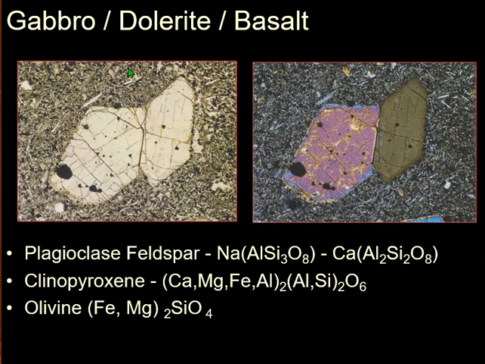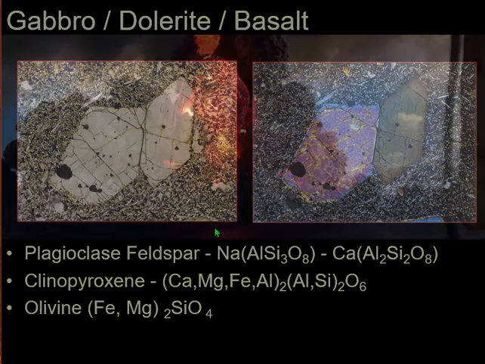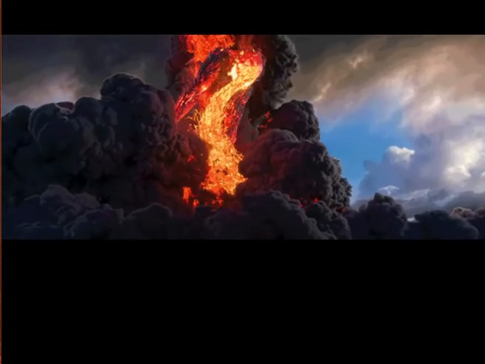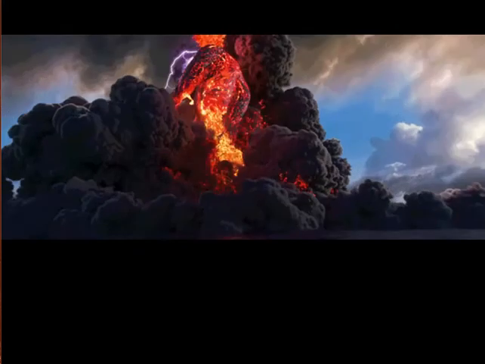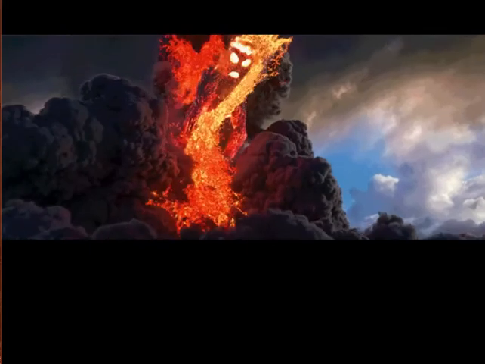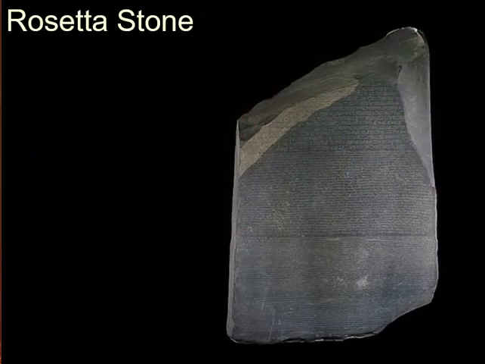So you can see the fine-grained matrix made of plagioclase. There's also magnetite, iron oxides in here, and also pyroxenes. So basaltic lava, of course, is very active, very dangerous, and you don't want to mess with it. But you can make some quite nice things with it if you're so inclined.